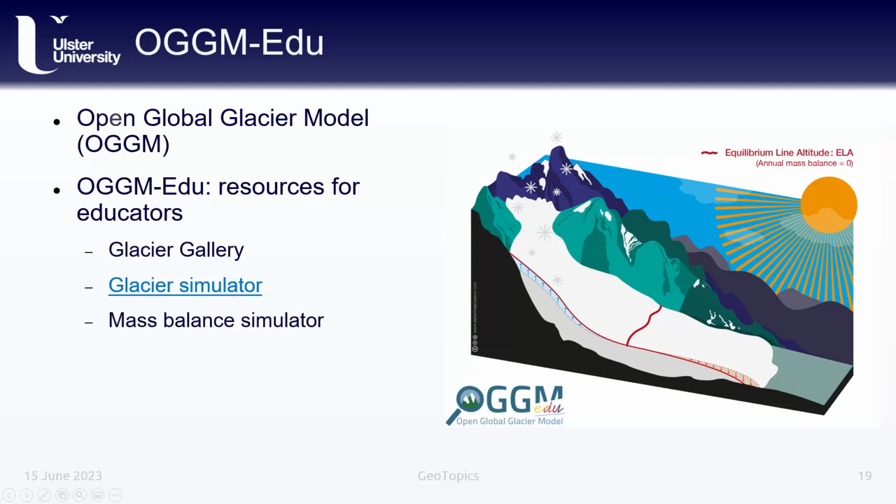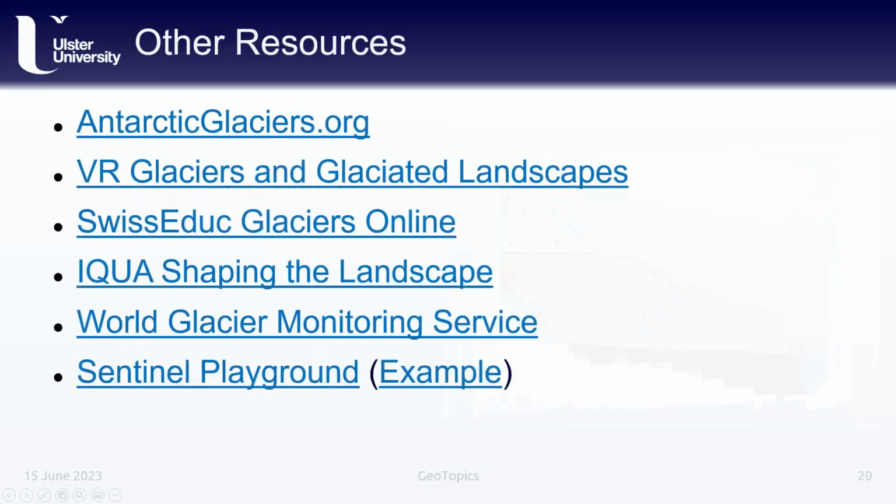You can also look at the mass balance of the glaciers, and you can also look at information from a range of models about the future evolution of glaciers, similar to what I had on the previous slide. And there's a lot more there. This is a very, very cool website that I encourage you to take a look at.